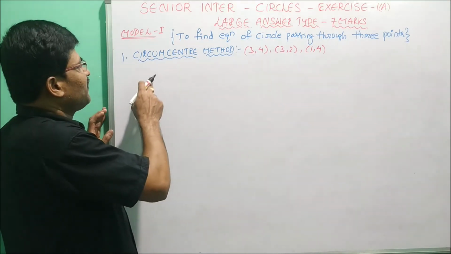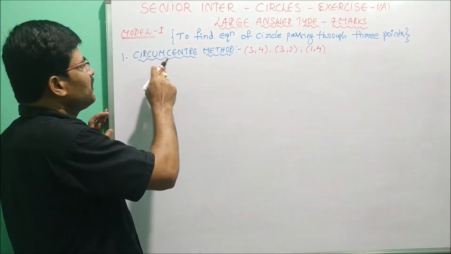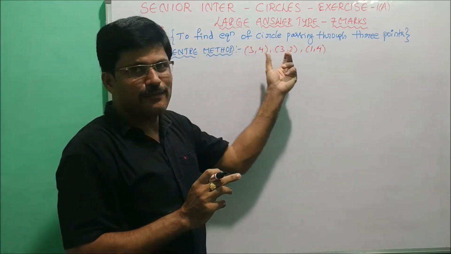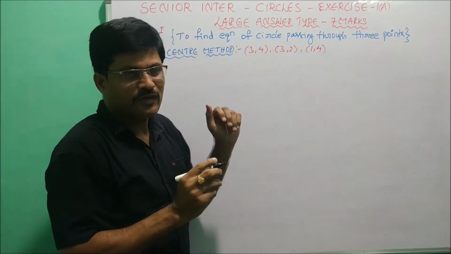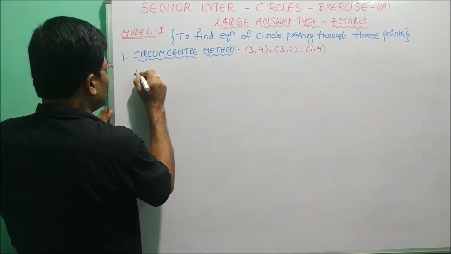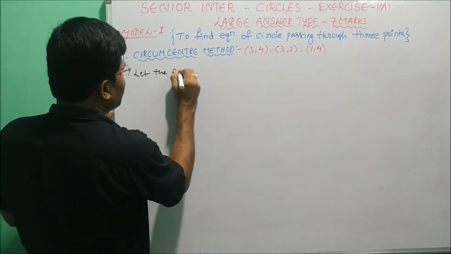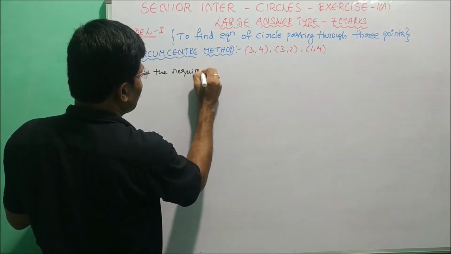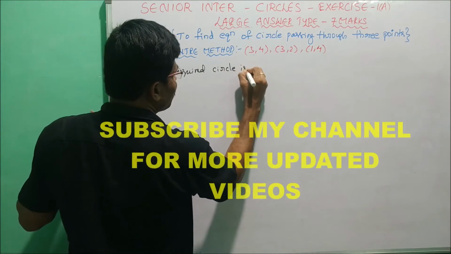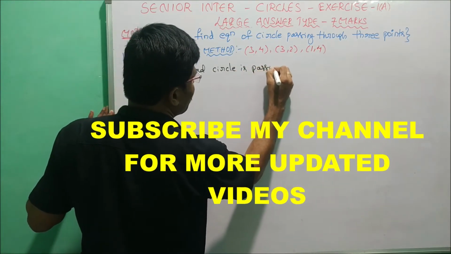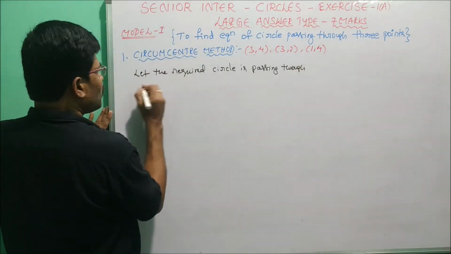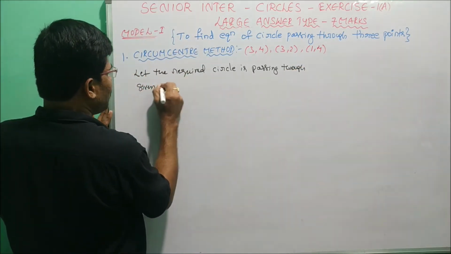So now let us discuss model number 1, the circumcenter method. Here we find the equation of a circle passing through the given 3 points. The first step is, let the required circle be passing through the given 3 points.